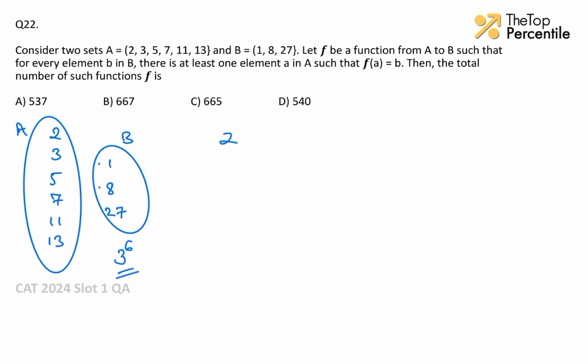I'll write it down so that it will be more clear for you. So this will be 2, 3, 5, 7, 11, and 13. Set B will be 1, 8, 27.